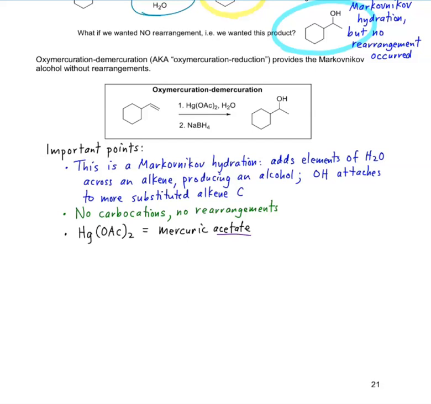The acetate ion is abbreviated AcO minus, or it could be OAc minus, and both of those mean the same thing, which is this structure here. So the acetate ion, remember, is a carboxylate, which is a conjugate base of a carboxylic acid. So acetate is the conjugate base of acetic acid.